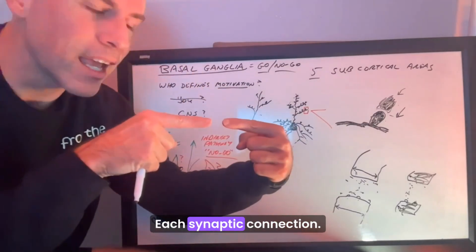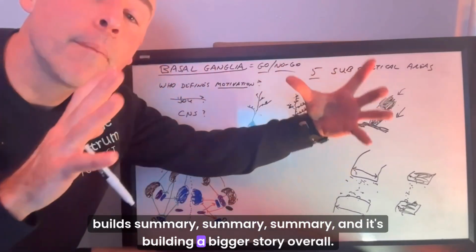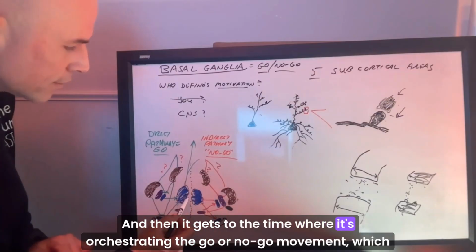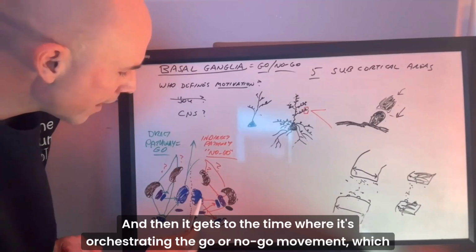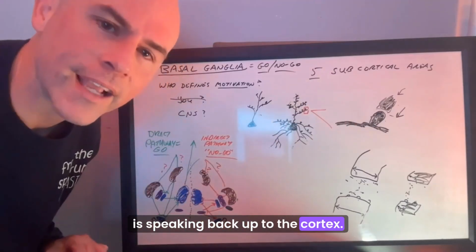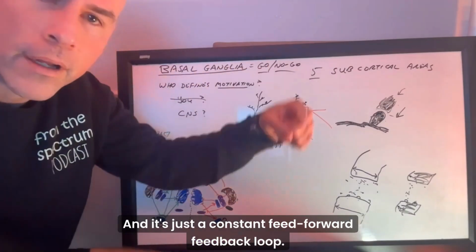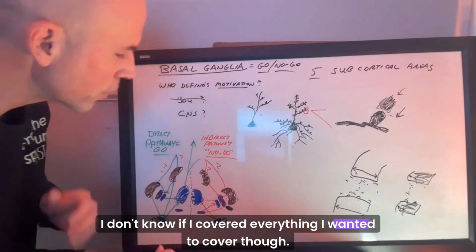Each synaptic connection builds a summary, and it's building a bigger story overall. And then it gets to the time where it's orchestrating the go or no go movement, which is speaking back up to the cortex. And it's just a constant feedback loop. This is constantly going. I don't know if I covered everything I wanted to cover, though.